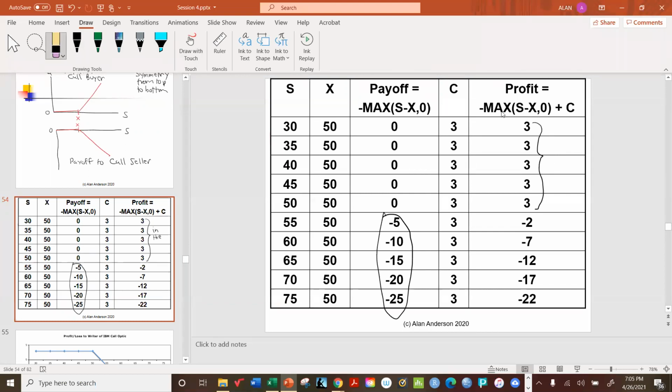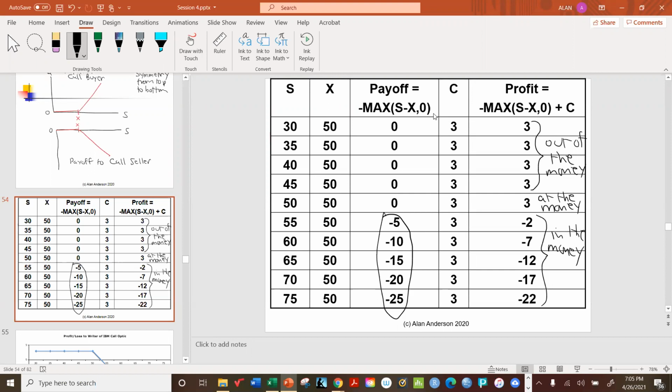So when the option is out of the money, we're still making a profit. Oh, except for that last one, that's at the money. And here we have in the money. And so the profits are reversed, of course, from the buyer.